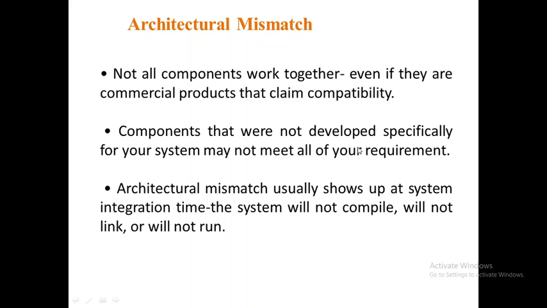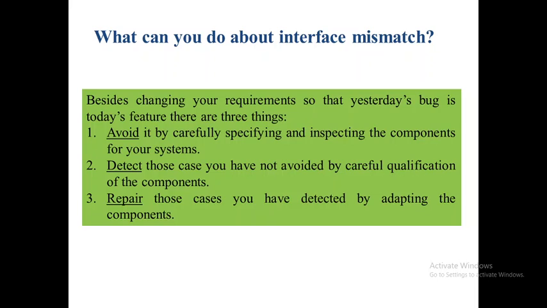Components that were not developed specifically for your system may not meet all the requirements. Architectural mismatch usually shows up at system integration time. The system will not compile, will not link, or will not run. Sometimes it gives errors at runtime. So it is an issue. Like that, we have a number of issues.